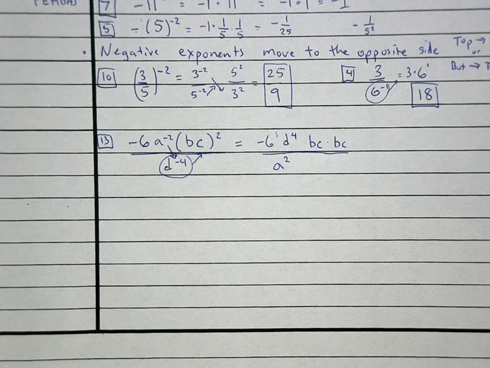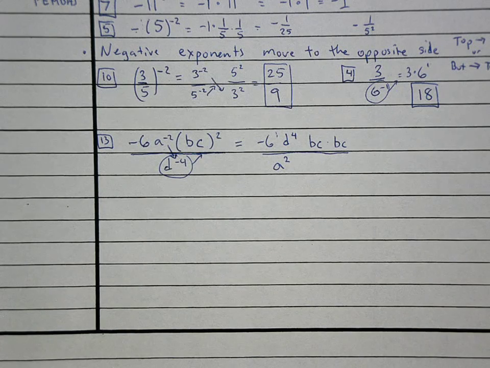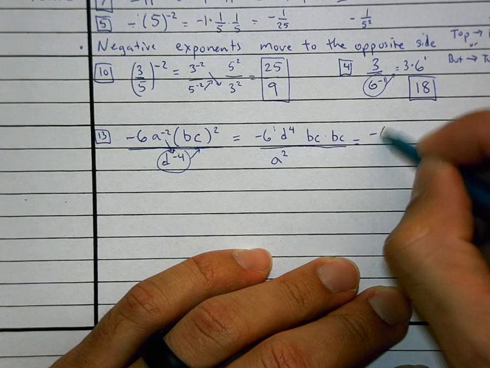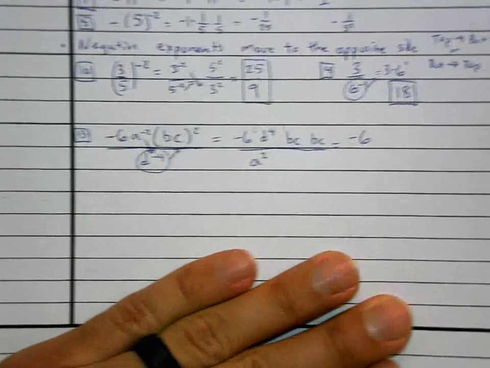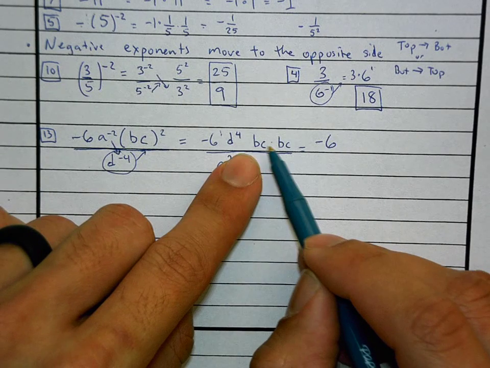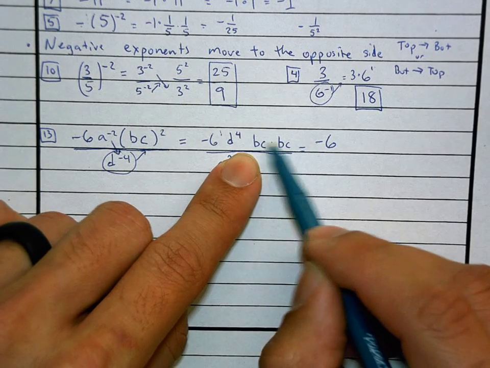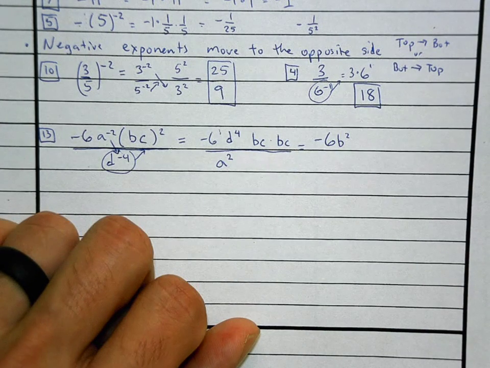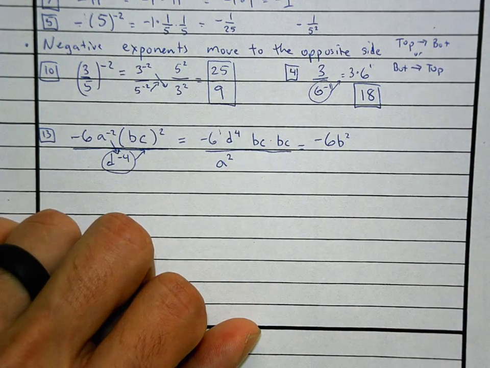And now I can simplify this. I'm going to simplify it the way mathematicians do. They write things in order, in alphabetical order, as a matter of fact. So, numbers first, then letters. Negative 6. Up here in the top, I have b times a b. How many b's do I have? I have 2 of them. I'm going to write b squared. That's the easiest way to write it. How many c's do I have?